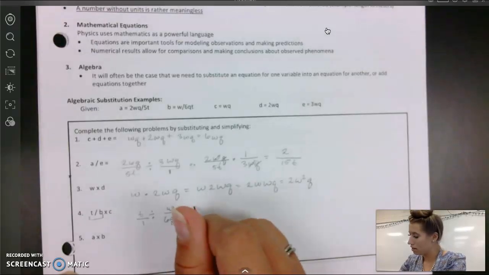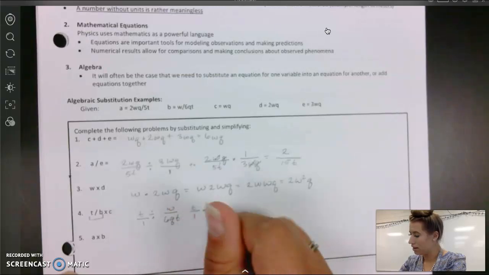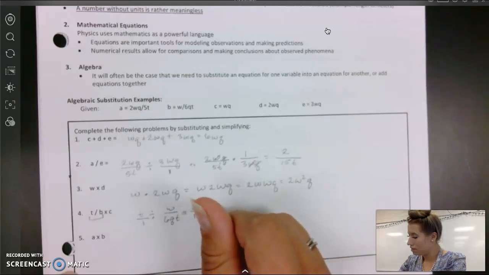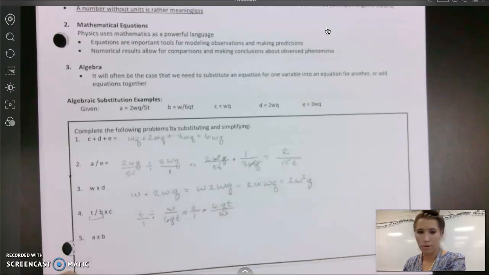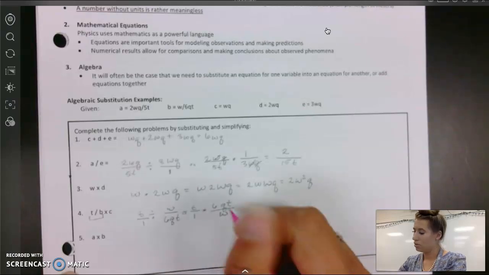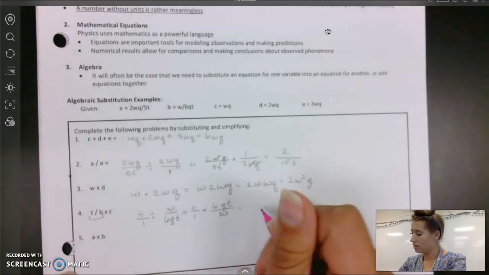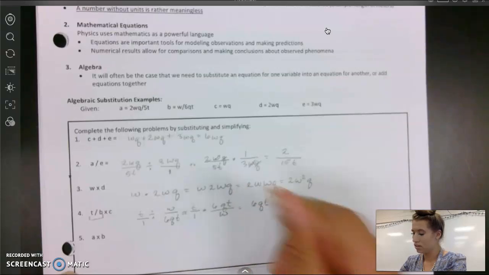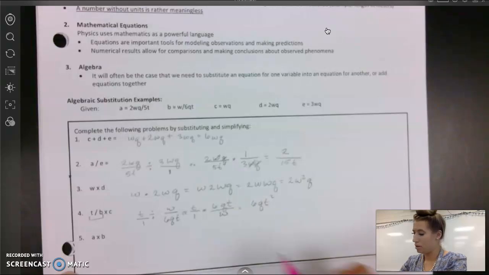So we're going to take T over 1 and multiply that by 6QT over W. So nothing cancels in this situation. So what we're left with from this expression is 6QT squared divided by W.